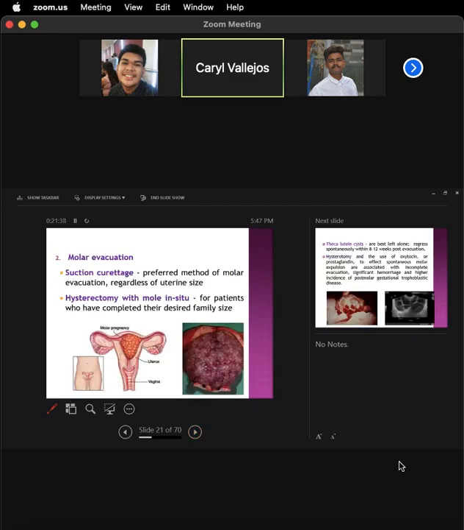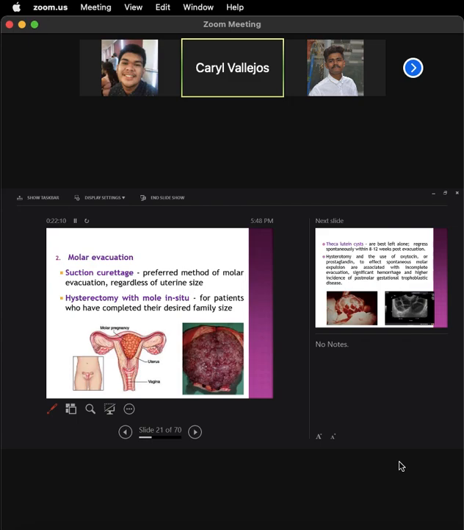There are two ways to evacuate your molar pregnancy. This could be either suction curettage or hysterectomy with mole in situ. Suction curettage is the preferred method of molar evacuation regardless of the uterine size and regardless of the age of the patient. However, hysterectomy with mole in situ is for patients who have completed their desired family size.